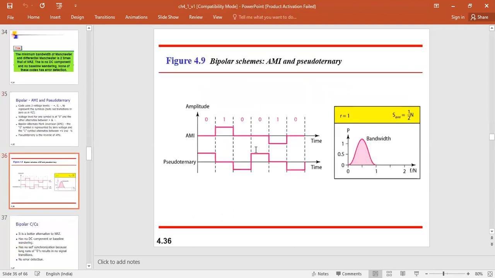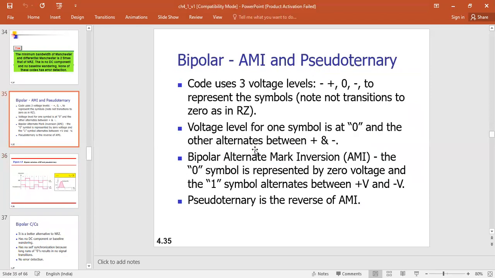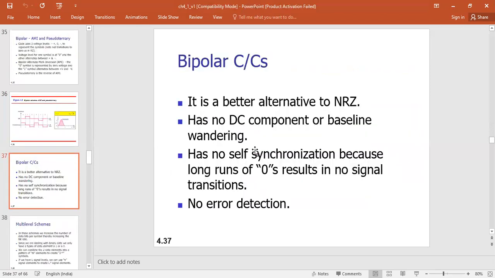In AMI, 0, 0, then if 1 is on the positive side, again 0, again 1 on the negative side. 1 means alternate, and 0 means 0. And pseudo alternate is the reverse one. The positive side 0, 1 goes to 0, again either negative side. So this is the reverse one. These are the bipolar schemes.